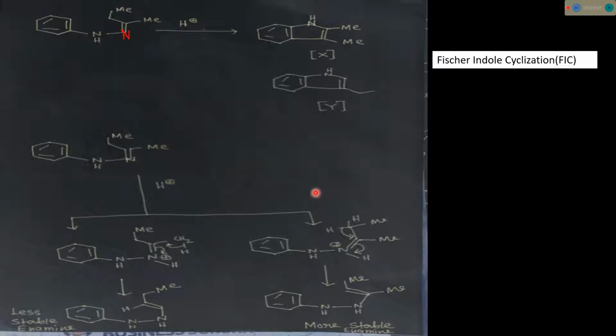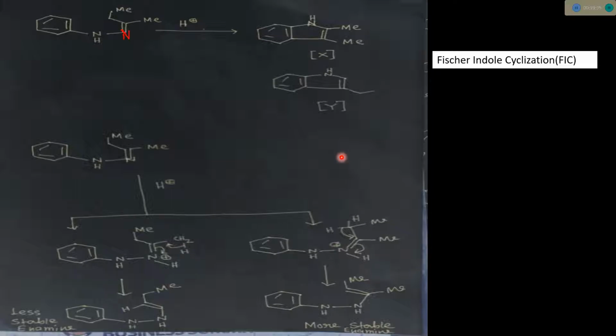But H3PO4, a strong acid, is more reactive and less selective. This acid sees that for this hydrazone there are two paths for forming the enehydrazine, so it lets the hydrazone proceed via both paths to the same extent. That's why we will get X and Y in equal amounts.